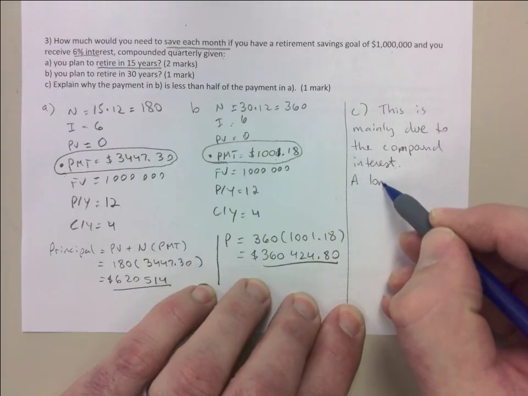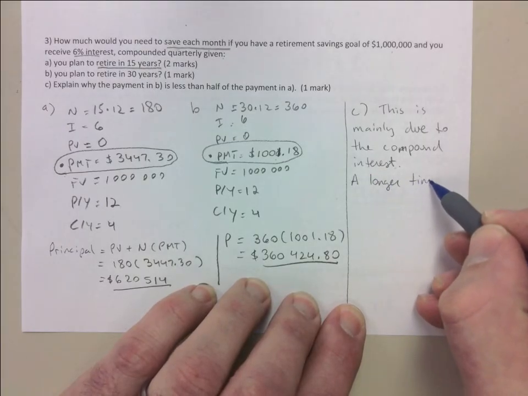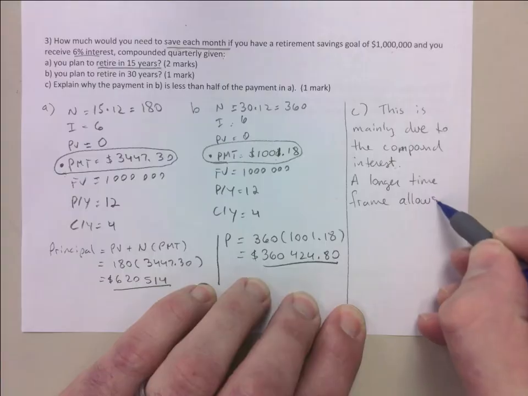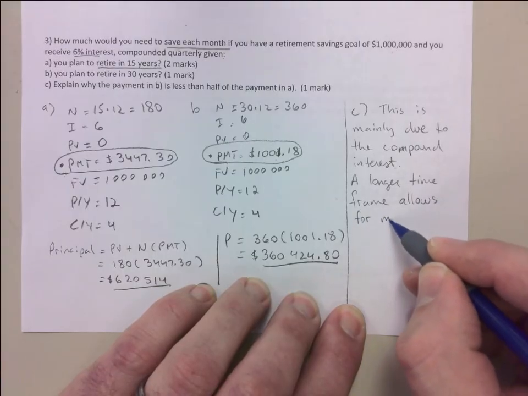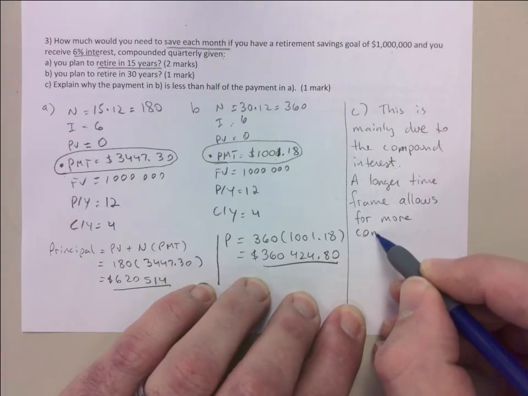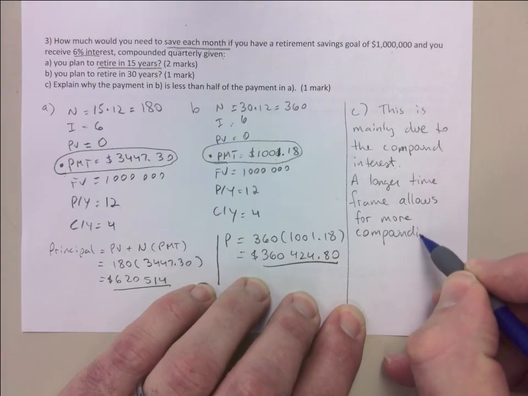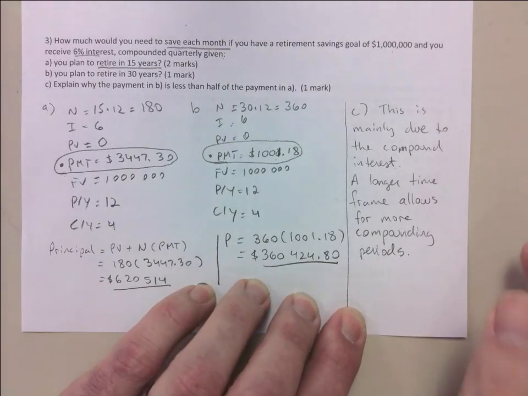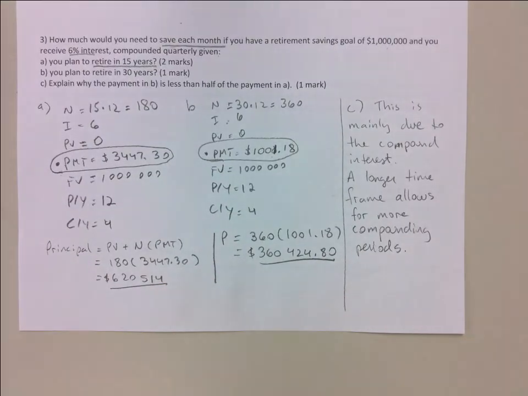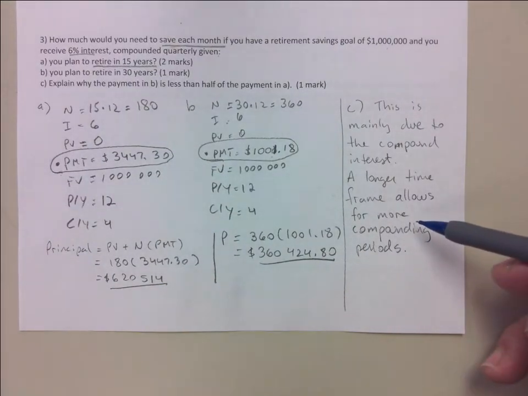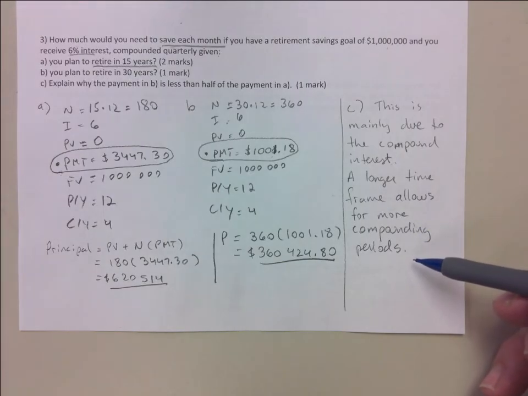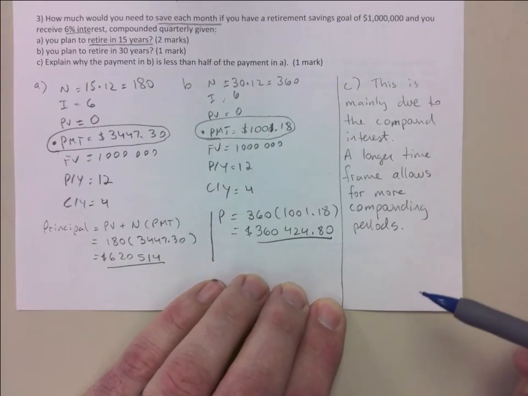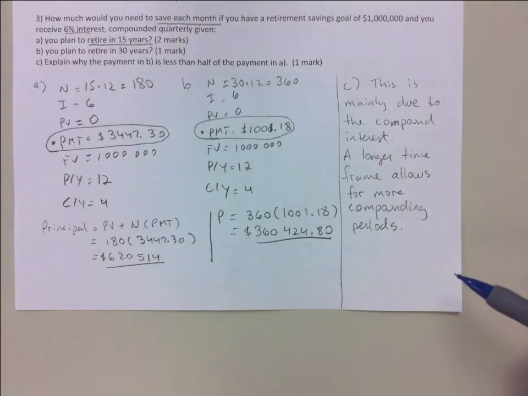A longer time frame allows for more compounding periods. I've been talking about this since a very early stage, that the more compounding periods you have, the better. Okay? So that's basically it. That's all I'm going to say there.